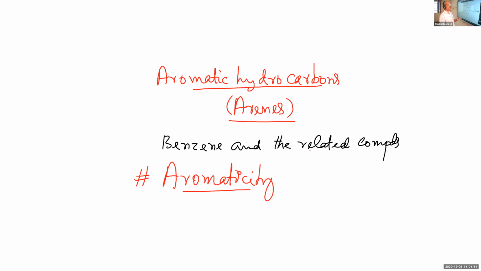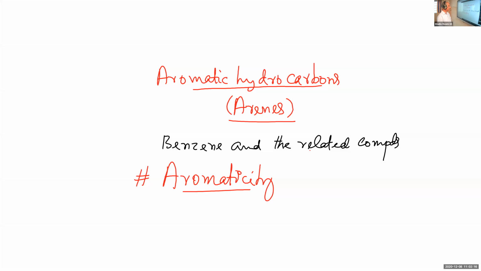So the original significance, that the compounds have a sweet smell, is lost. There are compounds which are not having smell at all, they are non-volatile, and compounds with a foul, disagreeable smell also. So the original significance is lost.